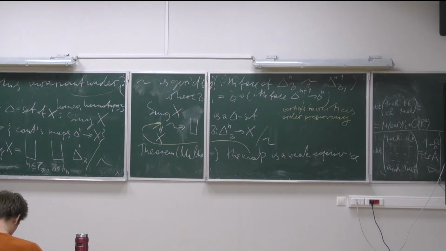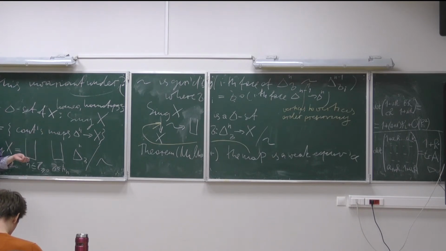Well, it's a good question. This is something one needs to check, and it would be a good exercise to do the checks. Well, the idea is: the disjoint union of simplices is clearly Hausdorff.